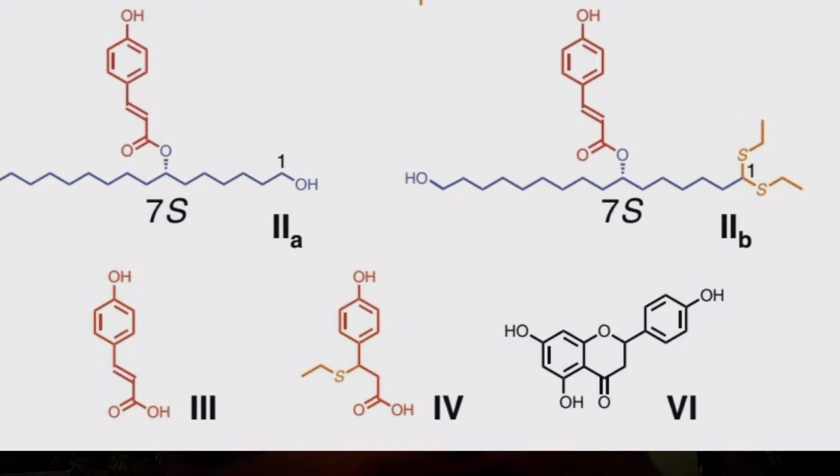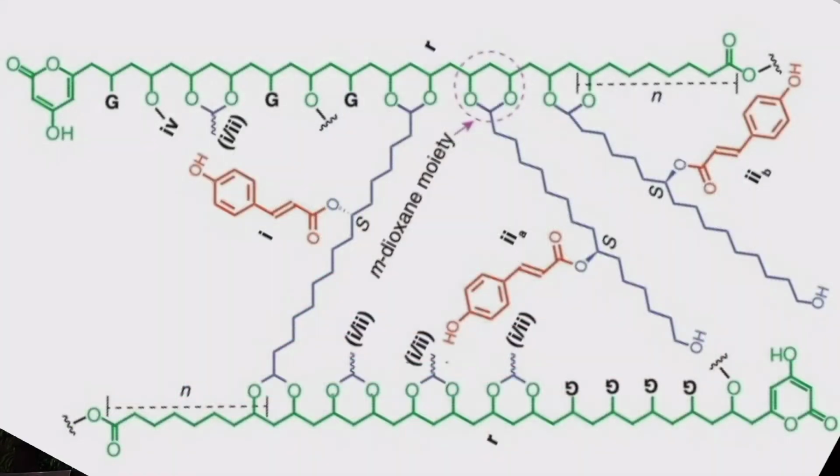If you see this diagram here, this is the model structure of sporopollenin after doing these kinds of studies: HPLC, NMR, circular dichroism, and many other things. I'm not going to discuss all those difficult matters here. They led to the designing of this particular model structure of sporopollenin, which says that there are long chain molecules of C38 long aliphatic chain.